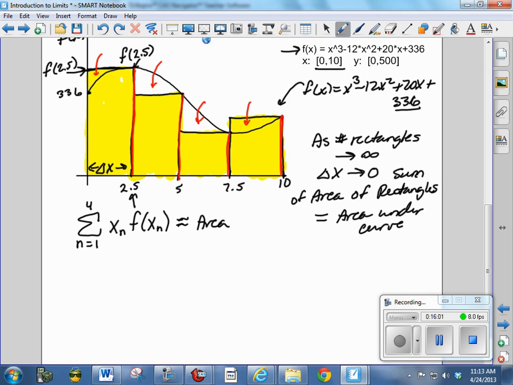But I just want to get you the idea. This is the integral in calculus. The integral is the area under the curve, and the integral takes that small value, delta x, and shrinks it down to 0. It takes a limit as delta x goes to 0. And I guess I could say that the limit as delta x goes to 0 of the sum of the rectangles equals the area under the curve.